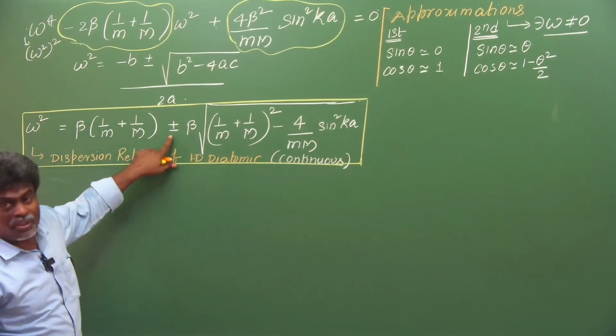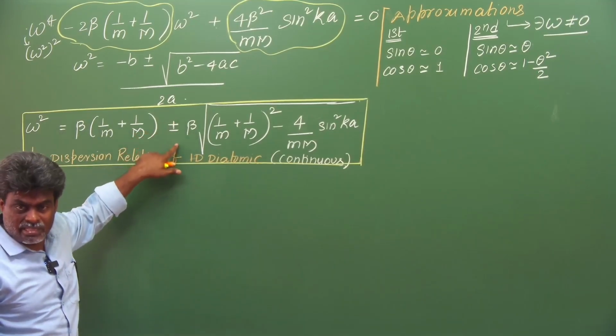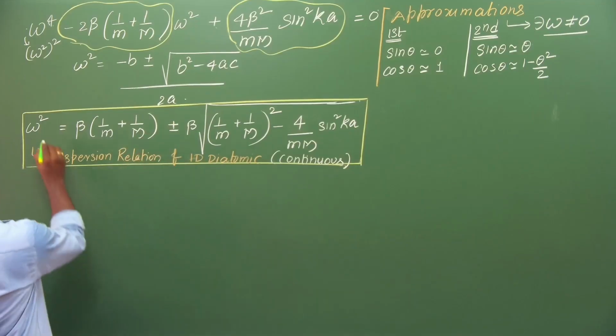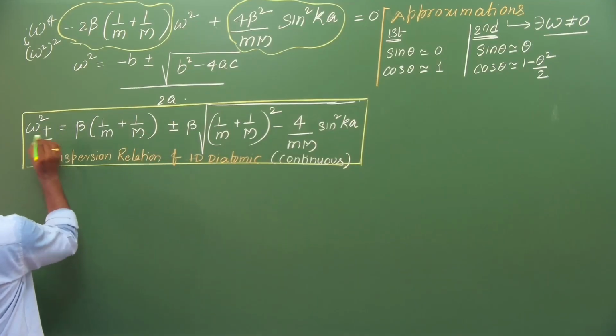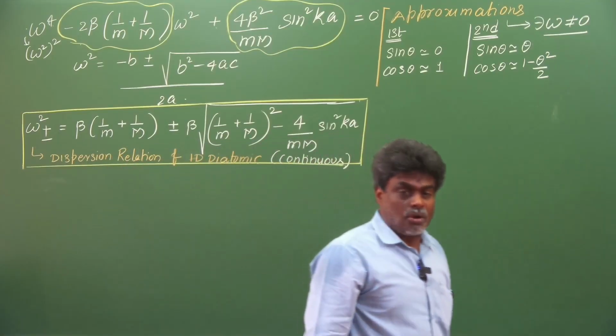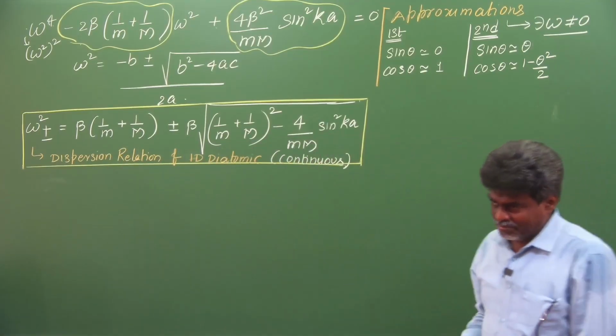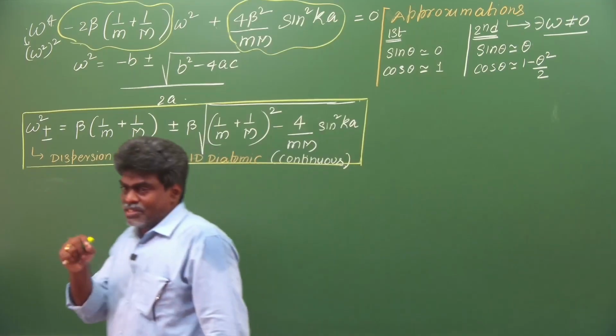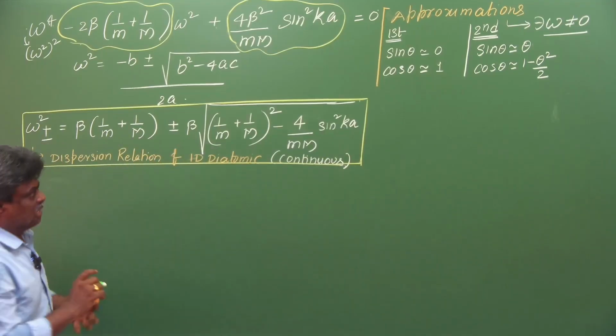Are you ready? Okay, now listen carefully. Here we have two frequencies. One is a plus, another is the minus. Plus stands for higher, and minus stands for lower frequencies. Higher frequency is called optical branch. Lower frequency branch is called acoustic branch.